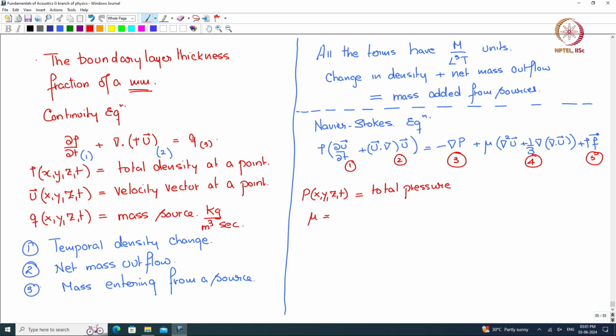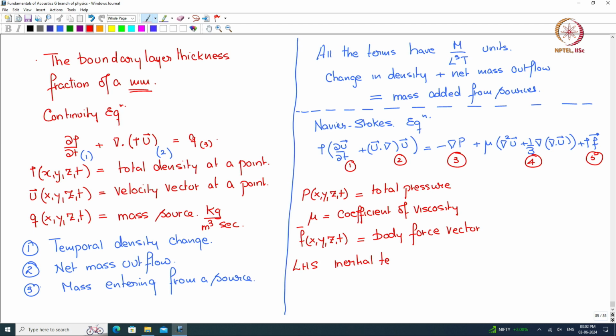Then mu is the coefficient of viscosity, then f bar is the body force vector, and just say that the LHS represents the inertial terms, and the RHS the external forces.